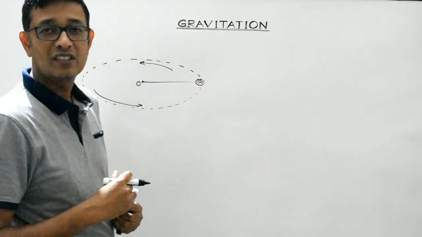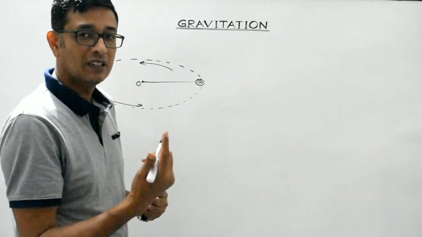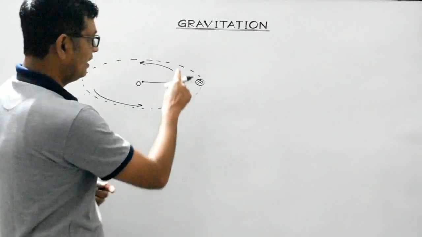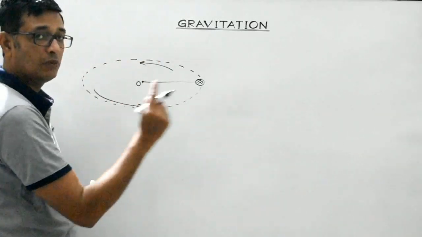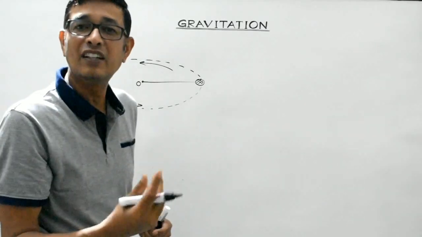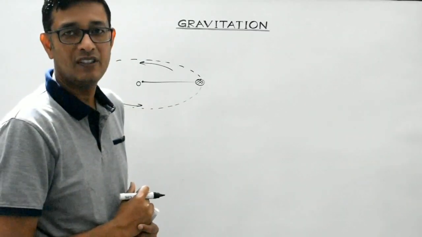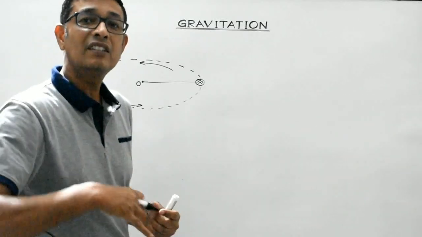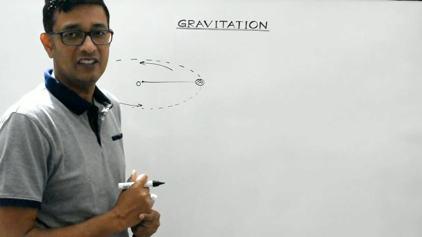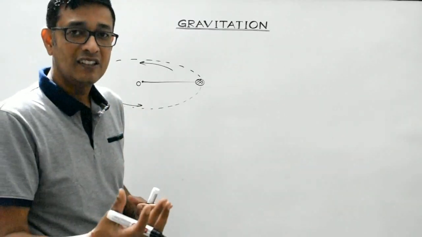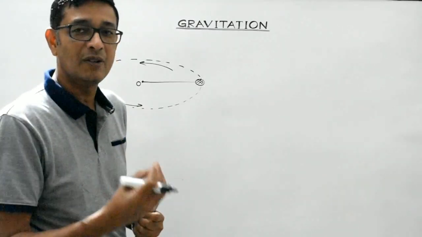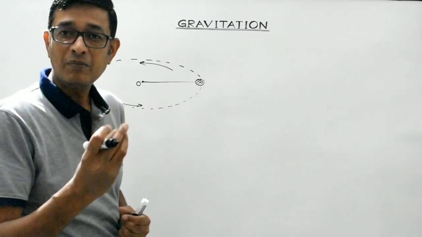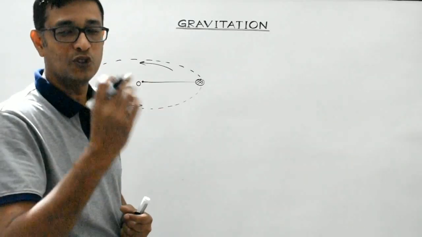And we are aware, students, whenever a body moves along a circular path, then its direction of motion changes continuously. Because at any instant, the direction of motion of the body while moving along a circular path is given by drawing a tangent at that particular point, isn't it? So, if the direction of motion changes continuously, it means that the velocity of the body is changing continuously. And due to this change in velocity, the body is said to be in accelerated motion. And because the body is in accelerated motion, the body must be under the influence of some force.